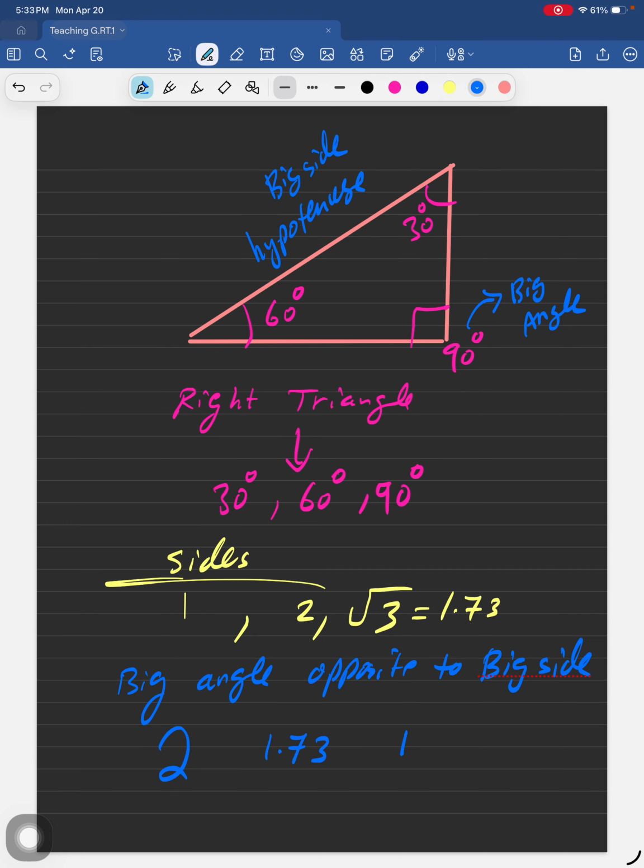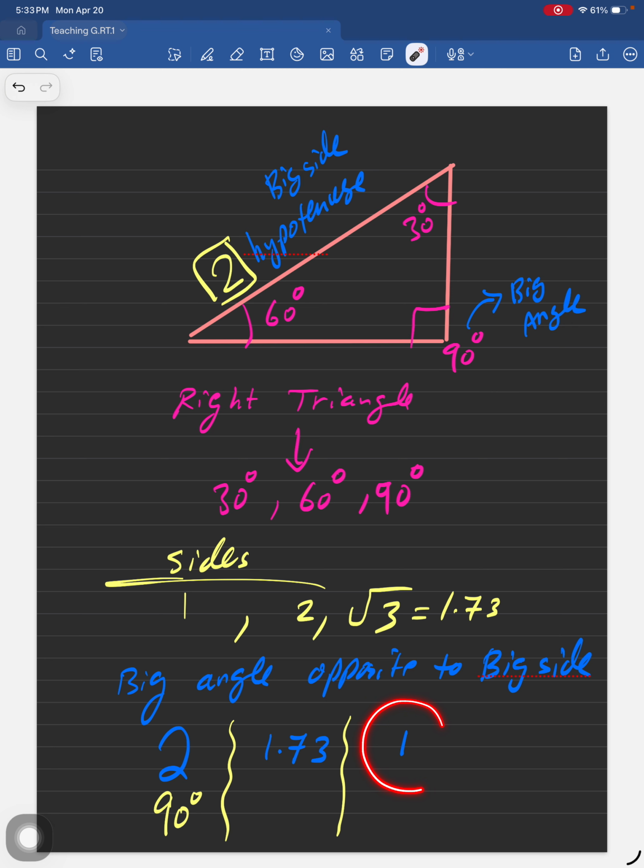So the big side, as you see, is 2, and this is opposite to what? That's correct, opposite to the 90 degree. So the hypotenuse in this case is what? 2.